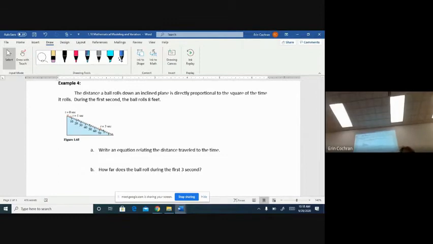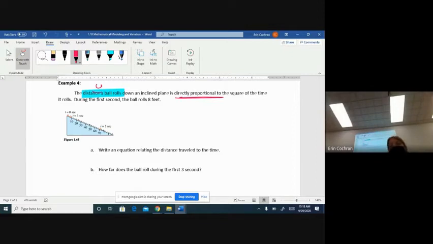All right, so example 4. The distance a ball rolls down an inclined plane is directly proportional to the square of the time it rolls. So the distance the ball rolls is going to be represented as what? It's my y, remember, because y varies directly, y always starts first.